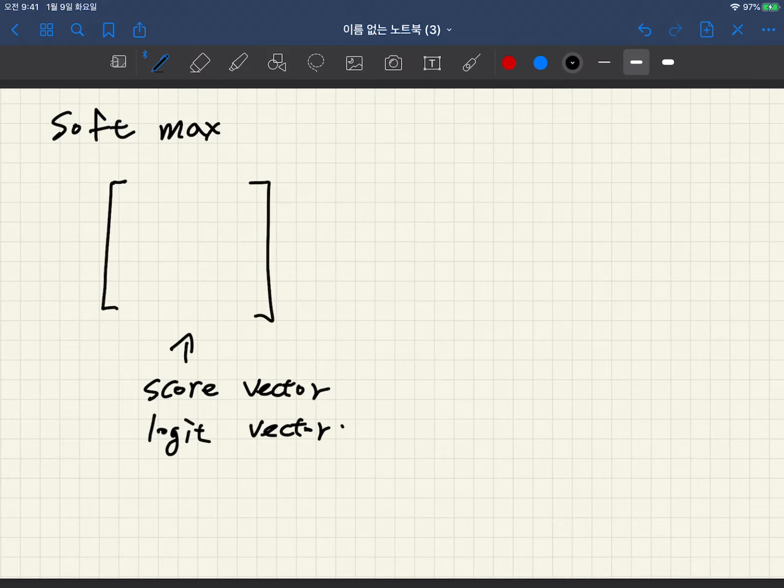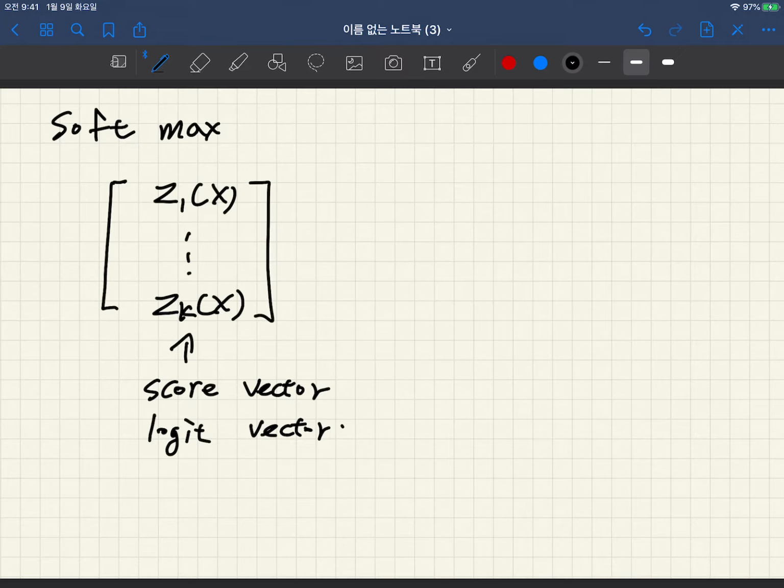The dimension of the vector is the number of classes as before, and its values indicate the score of each class. And score means how much your input X looks like the class K. So here g_k(x) indicates the score value.